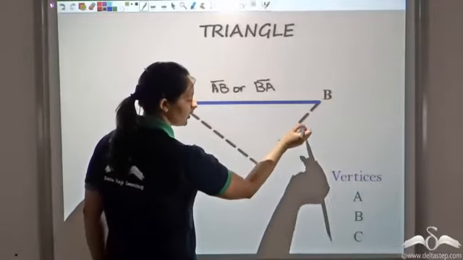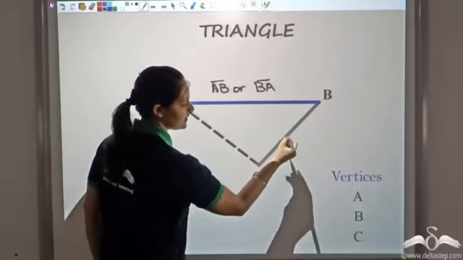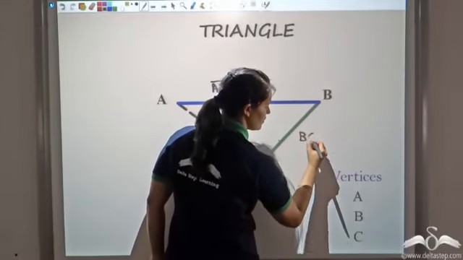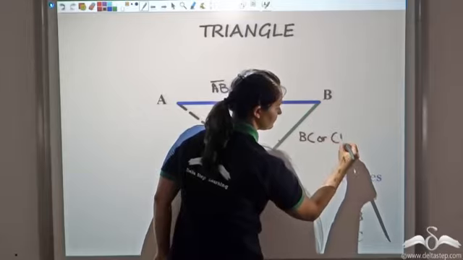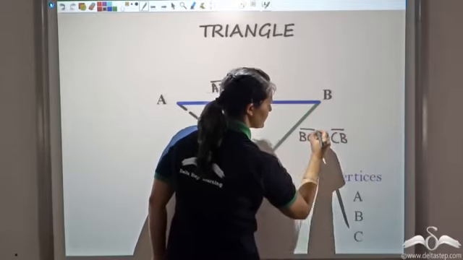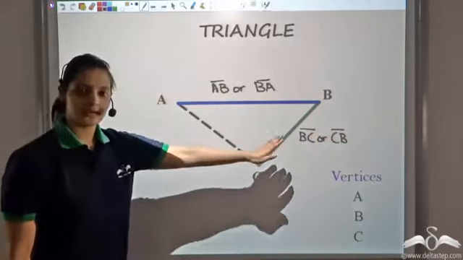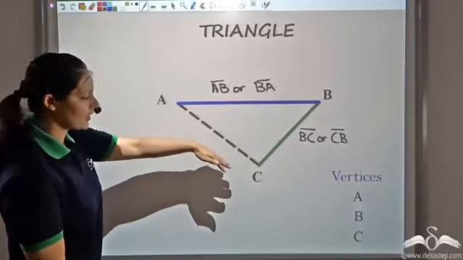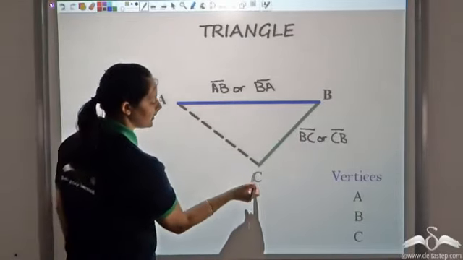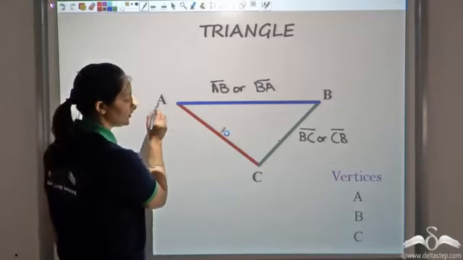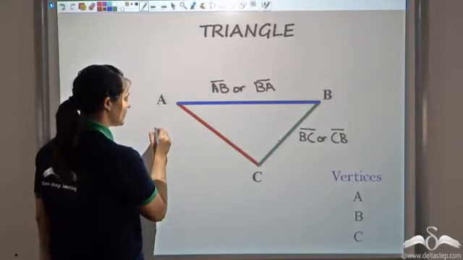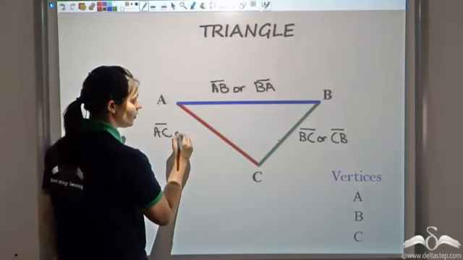Similarly, the line that joins B to C is the line segment BC or CB. This is the second side of the triangle. The third side, there are 3 sides, is the line that joins C to A, or you can say it's joining A to C. So you can write it as AC or CA.